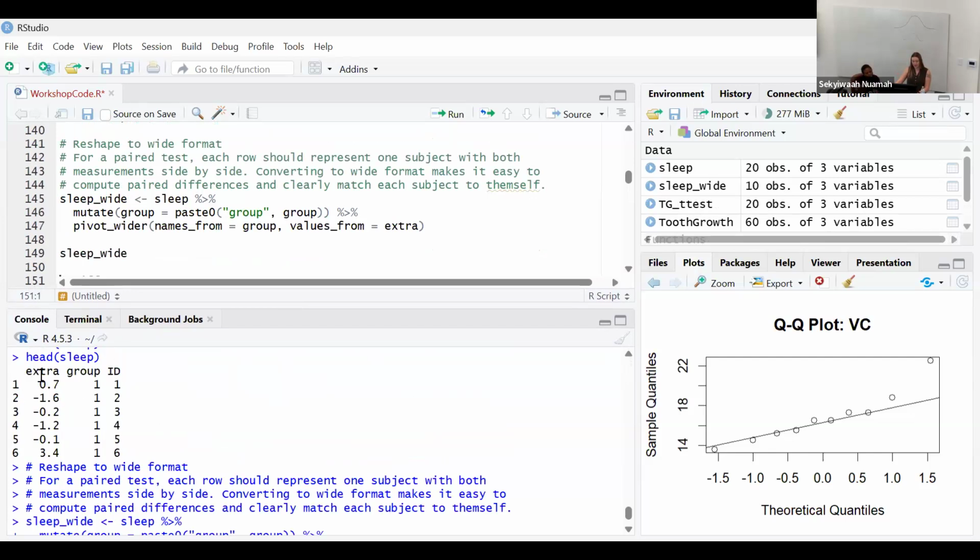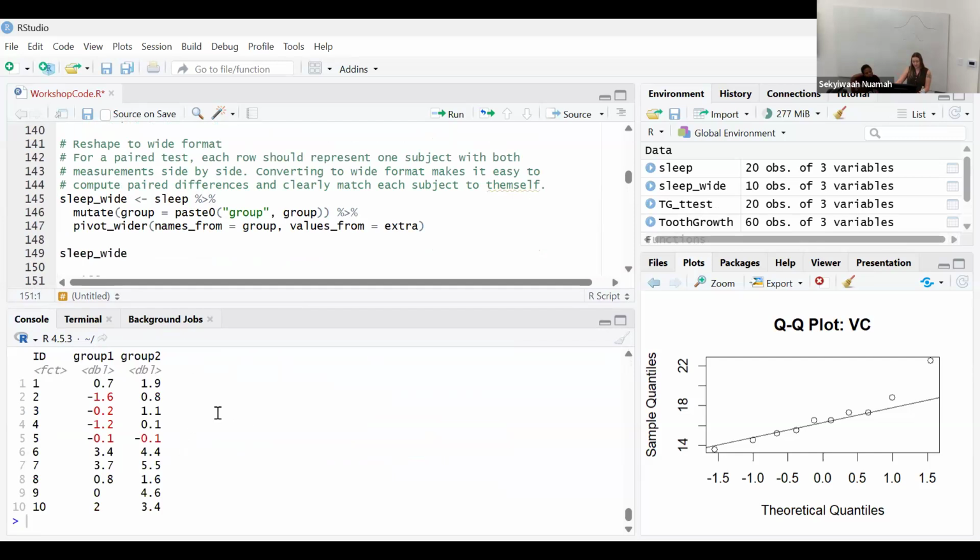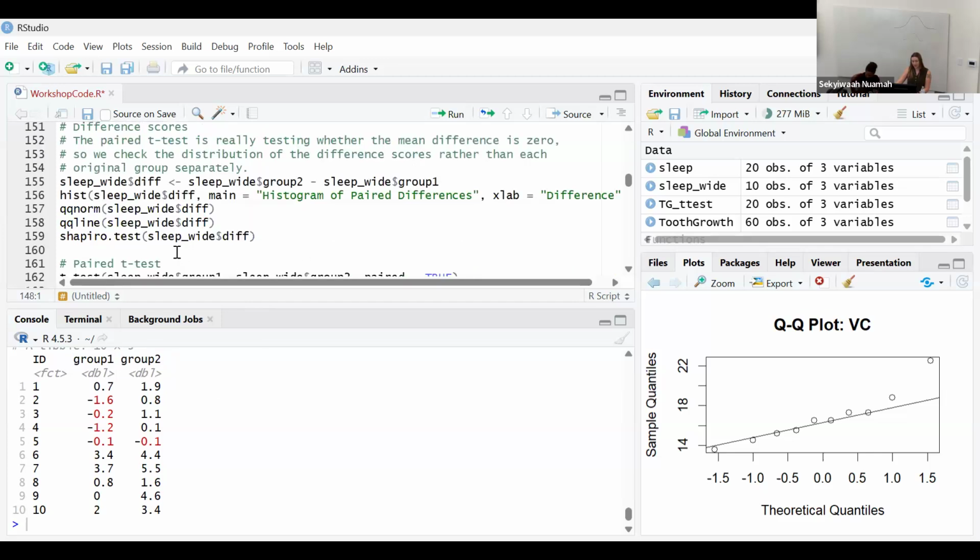The original data has the group as a column, the ID as a column, and then the extra as a column. Now each row is the person, and it was the person when they're in group 1, group 2. So now it's going to be easier to do our test.